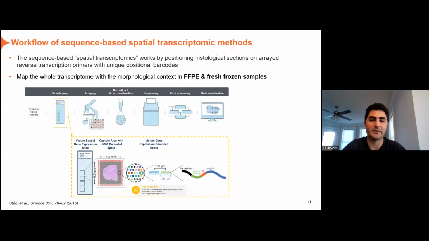So you need additional computational analysis, using deconvolution methods, to convert that spot into cell types, and there are computational tools available to do that.